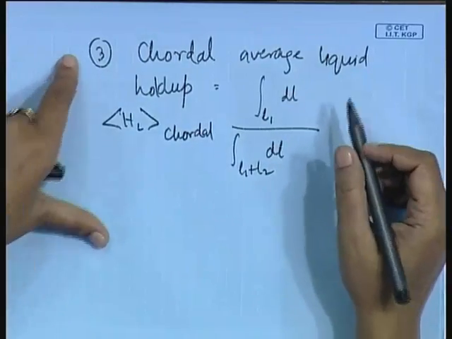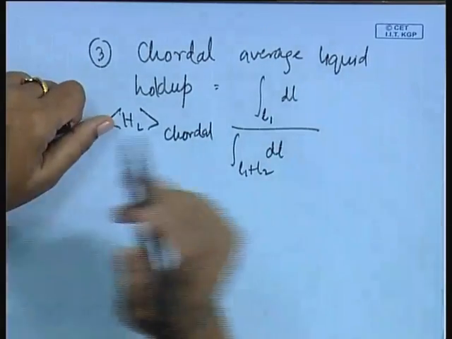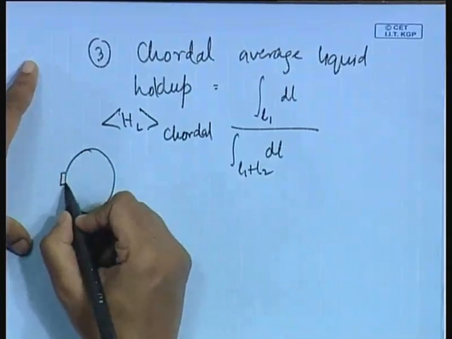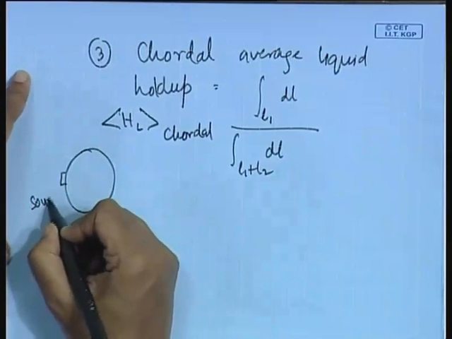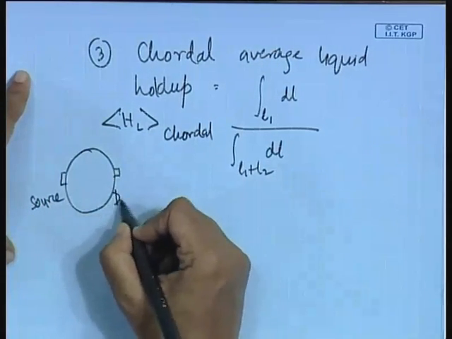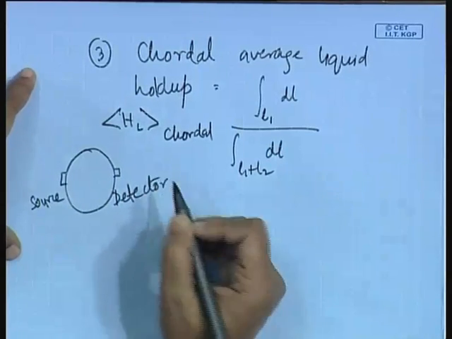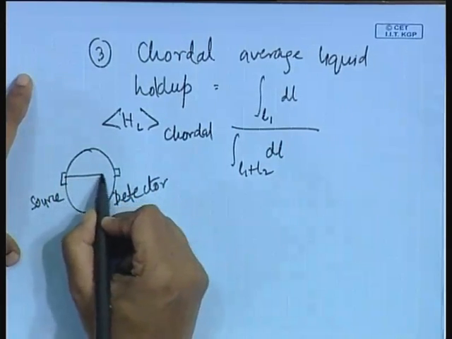Now, how do we measure this? Suppose we have any particular radiation attenuation source, maybe a gamma ray source, a beta ray source, or an optical or infrared source, whatever it is. It sends a very narrow beam of light; say we have the source here and the detector on the diametrically opposite side.